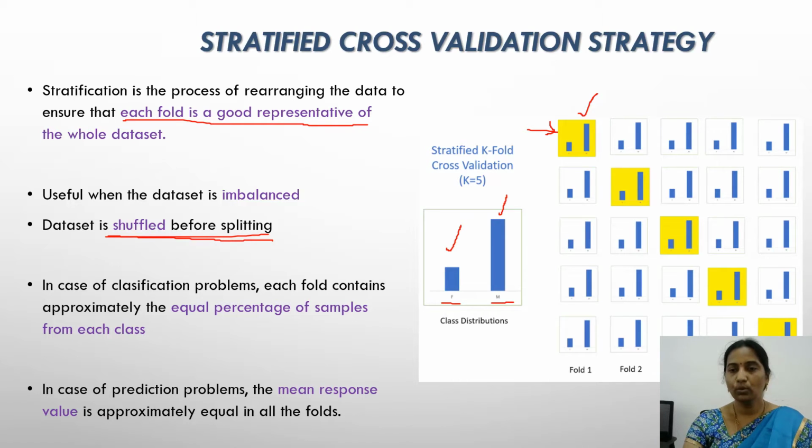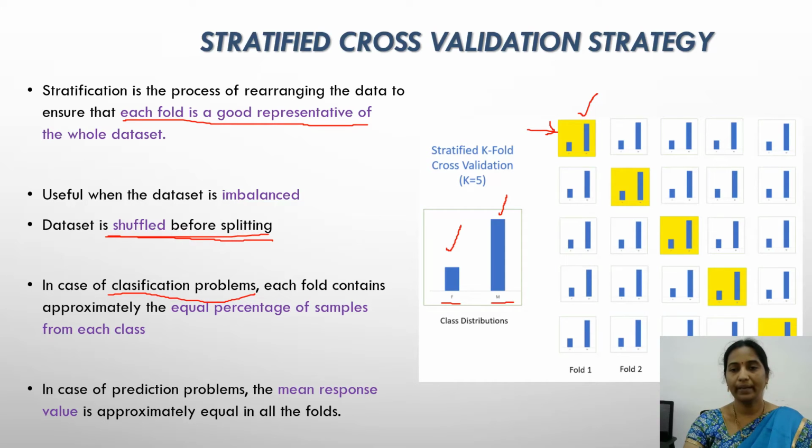So what we do here is the proportion of the samples of each class in each fold is in proportion to the samples in the original data set. For example, in a classification problem, each fold contains approximately equal percent of samples from each of the classes.